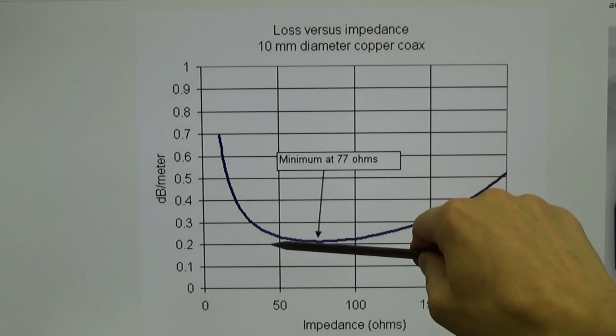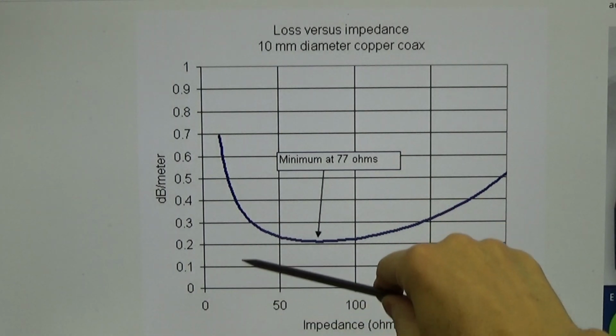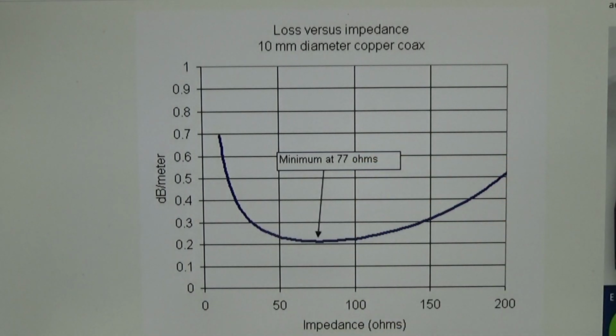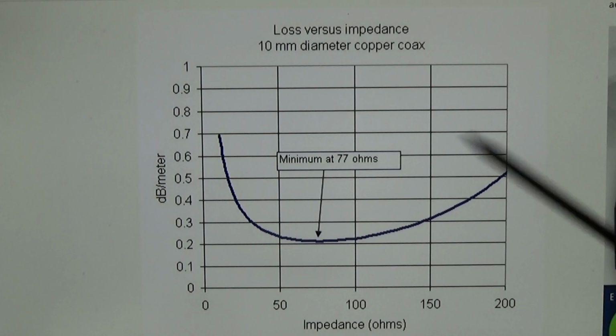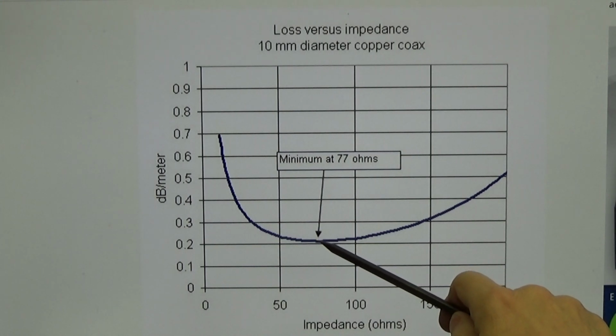We could really make coax cable in any desired impedance value, but the question is always, what is best for our purposes? And we see with 77 ohm we have the minimum possible loss compared with other impedances, and that is what this graph is showing us.